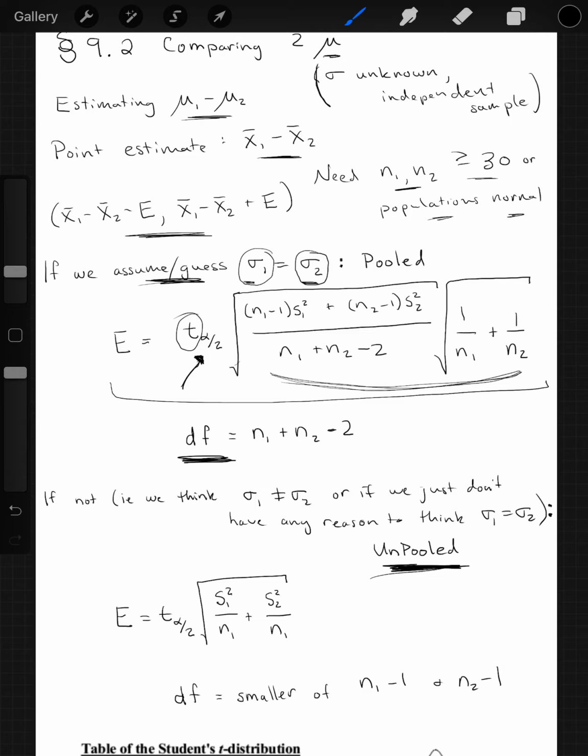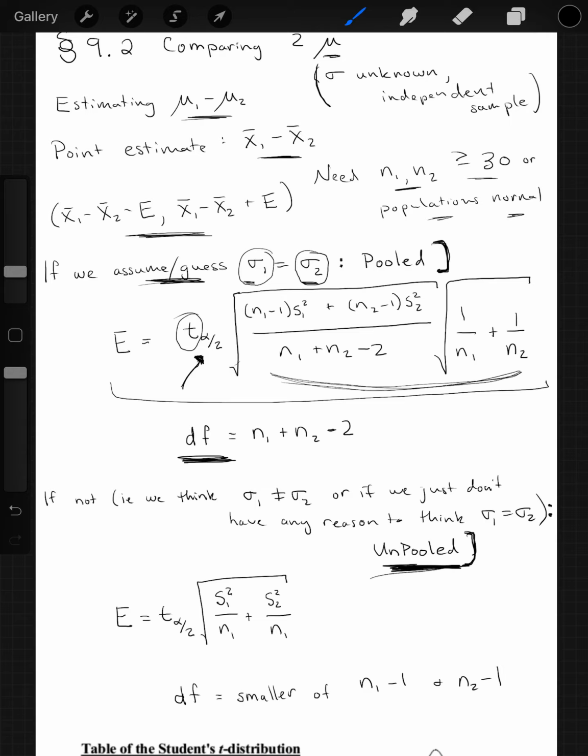So for the pooled one, we have to have a specific reason to use it, and if we don't have that specific reason, then we're in unpooled. Even if we might not have a specific reason to believe the opposite thing, we need evidence to move to pooled. Unpooled is what our default should be.